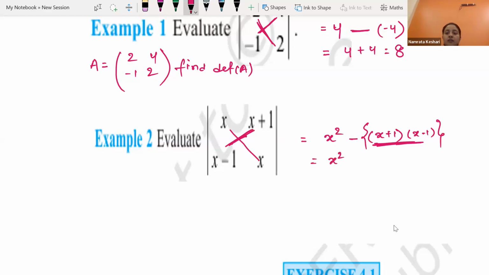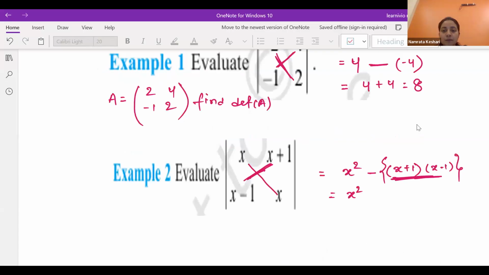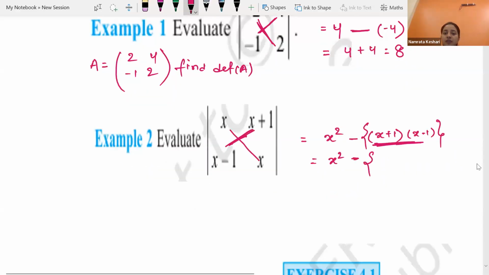Does it look like a plus b, a minus b? So what is the formula? A square minus b square, right? Perfect. So we'll be taking it as a square minus b square.